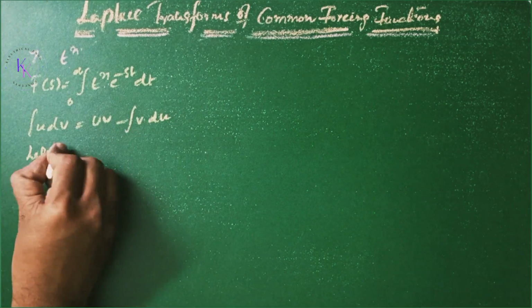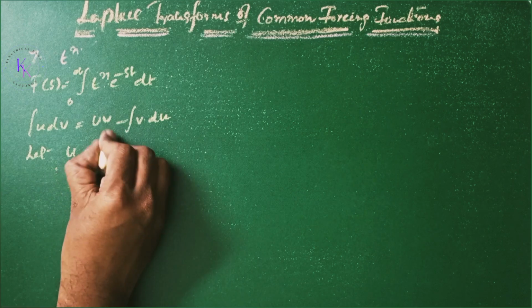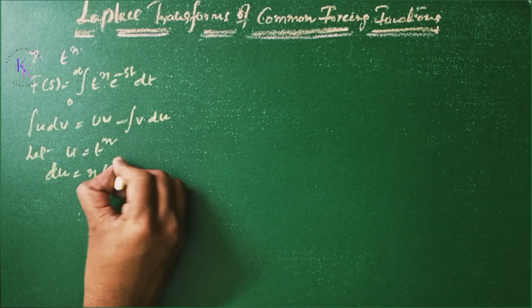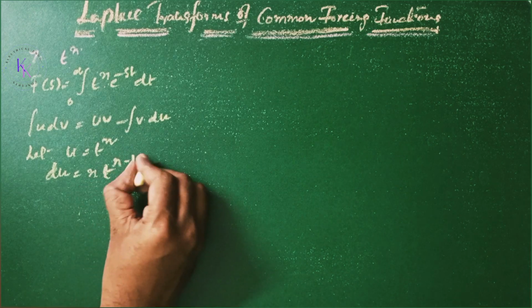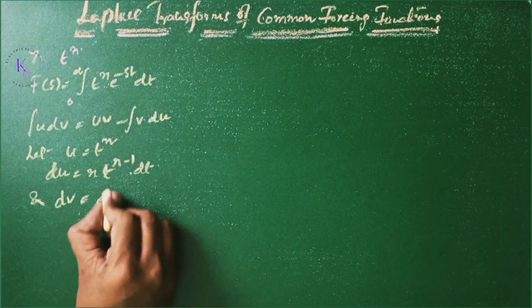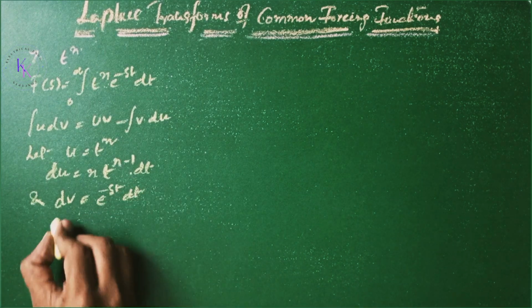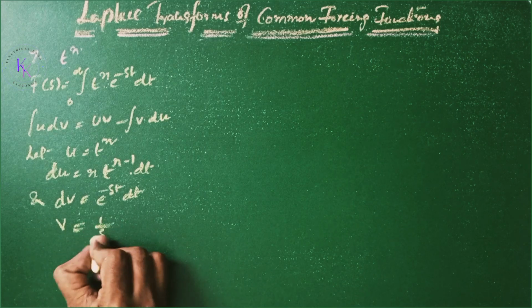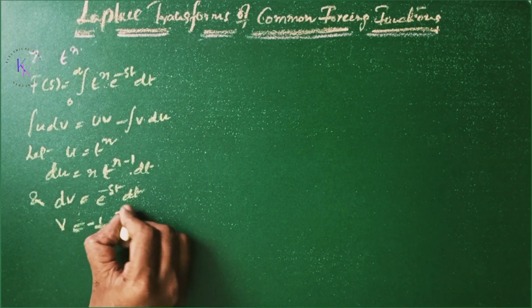Now let u equals t power n, then du equals n t power n minus 1 dt, and dv equals e power minus st dt, from which integrating on both sides you will be getting v equals 1 by s times minus e power minus st.